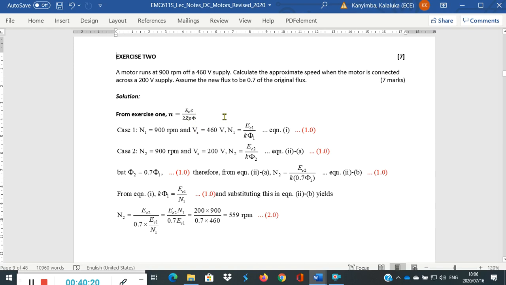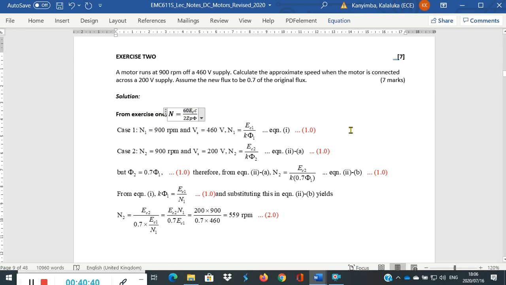So 60 will be part of the proportionality constant. We can even do this just to make sure that there are no confusions: capital N, multiply this by 60.